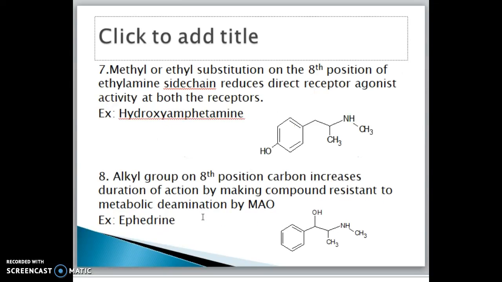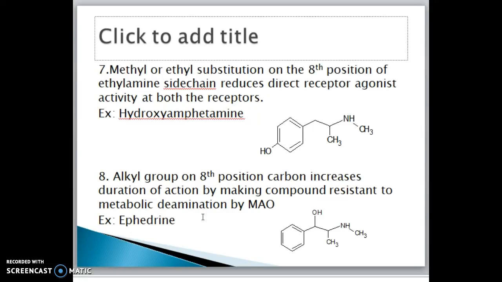Moving on to the methyl and ethyl substitutions on the 8th position. We are discussing the ethylene bridge present between phenyl and amine. On this ethylene bridge at the 8th position, that means alpha to the amine group, we can substitute methyl groups so that we get an indirect acting sympathomimetic, which reduces the direct receptor agonistic activity.